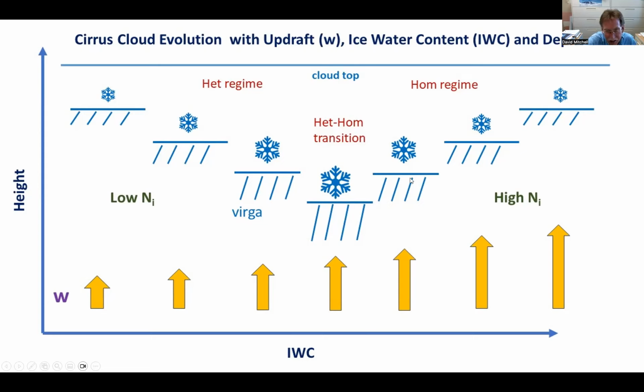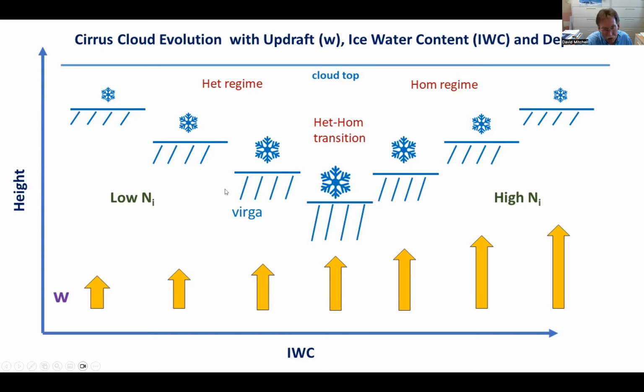Then as you increase ice water content even more, or the updraft even more, you're getting homogeneous nucleation more and more, and that's creating smaller crystals. These smaller crystals are sedimenting less and less because their fall speeds are lower.